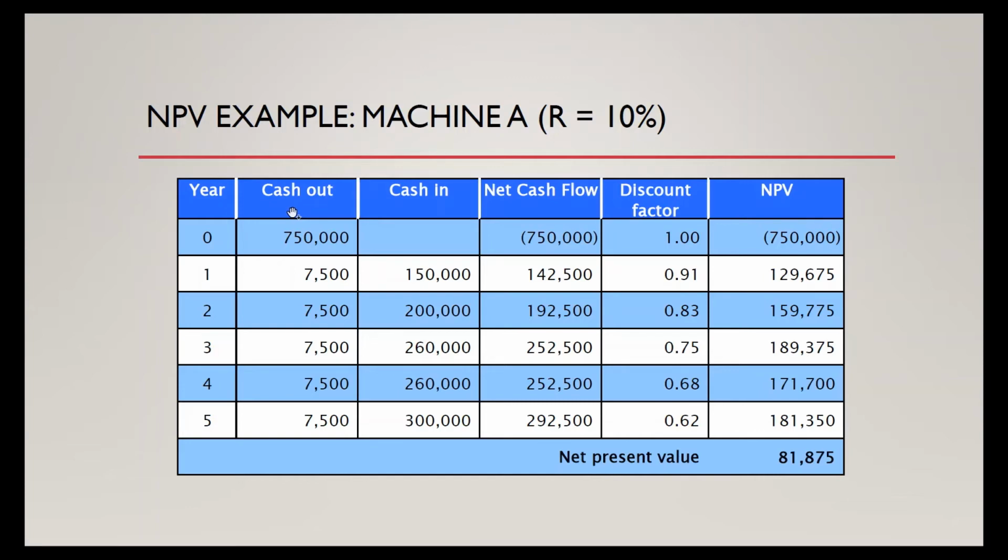For today, we have to invest £750,000, and for every year, we have to pay an expense of £7,500 to use the machine. You can assume this £7,500 is the budget for Facebook advertisement, which will later drive revenue for your project.